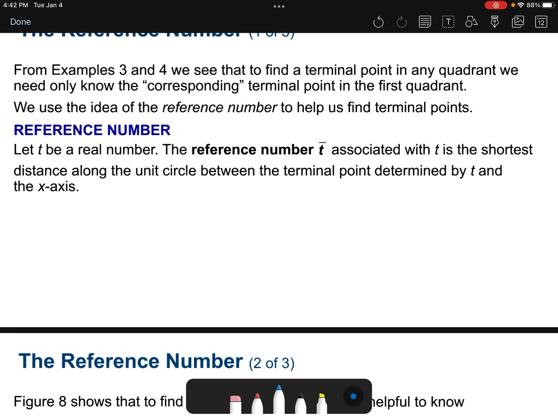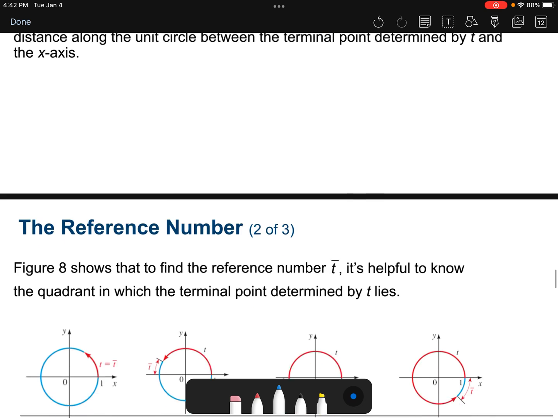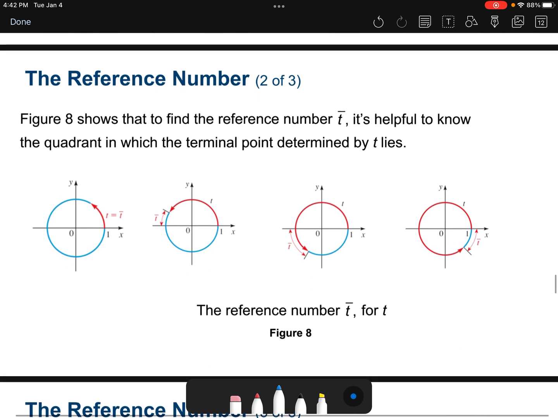So T bar is associated with T, the shortest distance along the unit circle between the terminal point determined by T and the x-axis. All right, so let that sink in here. That's the reference number, T bar.